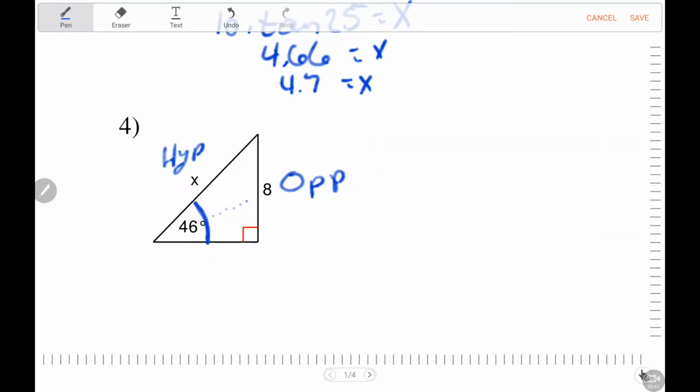Okay. All right, so I'm going to have sine of an angle equals the opposite over the hypotenuse. So the sine of 46 equals 8 over x. And so the biggest mistake here is that when people cross multiply, they think it's just like before, and that we're going to have sine times 8 here.